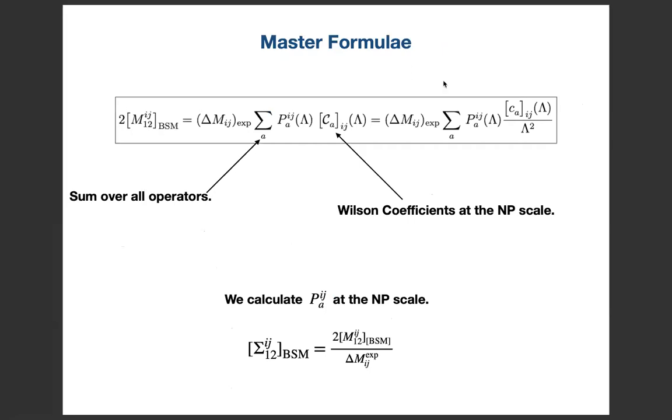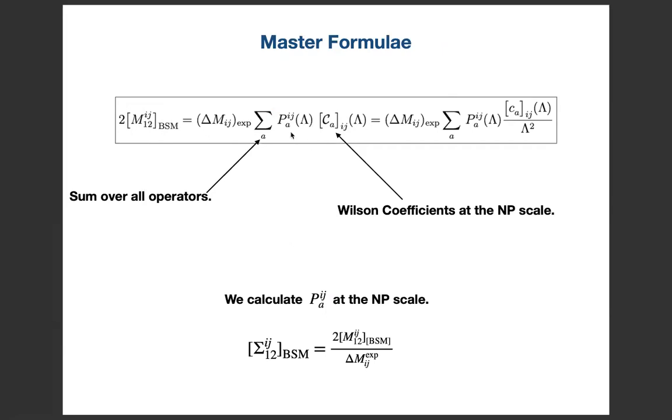Okay, so this is the master formula. To calculate delta ms, the mass difference, we need M12. M12 can be written as follows: here we pull out the delta M experiment. Then you are left with Pij times Ca, which are the Wilson coefficients.